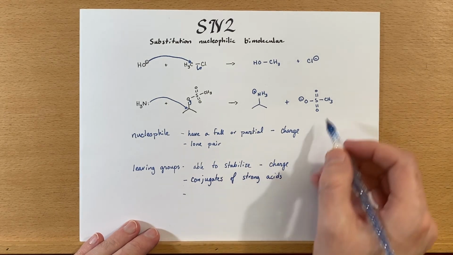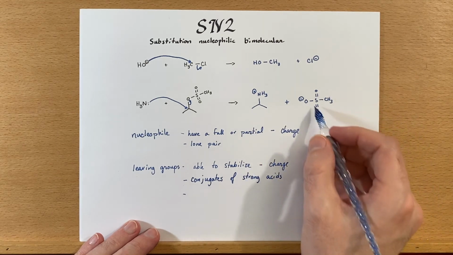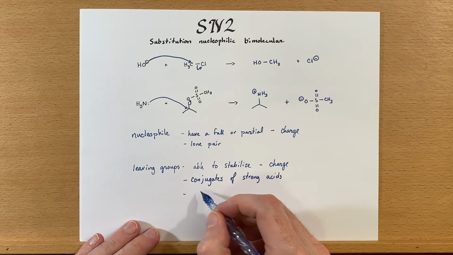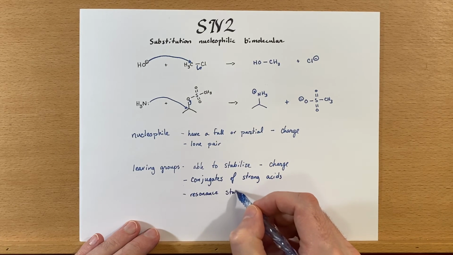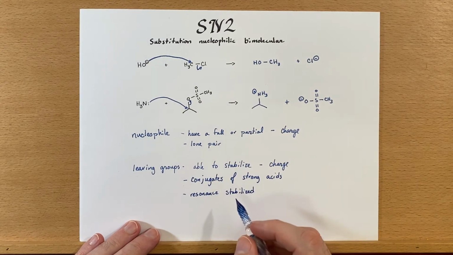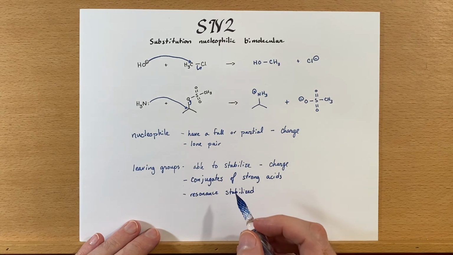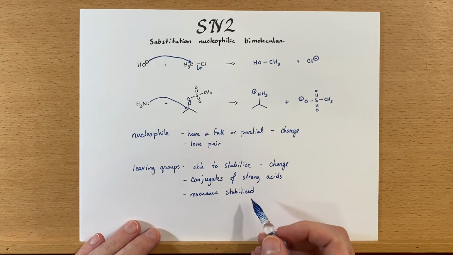Also, if they're resonance stabilized, like this methyl sulfonyl group, this negative charge is resonance stabilized across the molecule. And water or alcohols make excellent leaving groups as well because they're conjugates of strong acids.